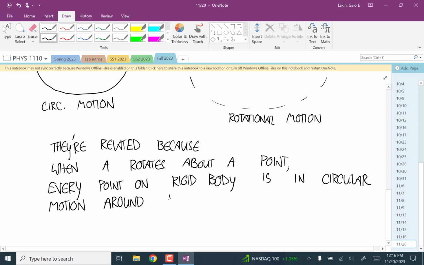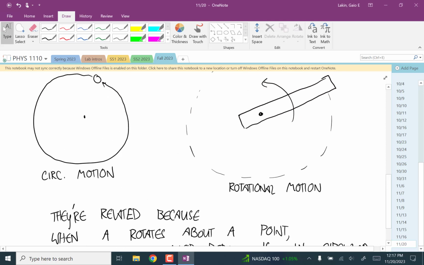So I'm going to call this the about point. That'll keep coming up. But the about point for us is just the point that's fixed on this body. Like if you imagine this being like a hinge that this board can rotate around, that's the about point.